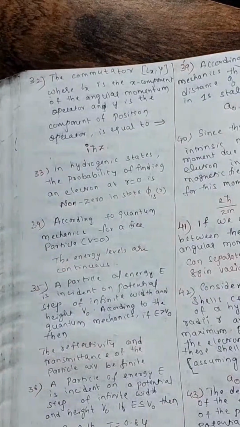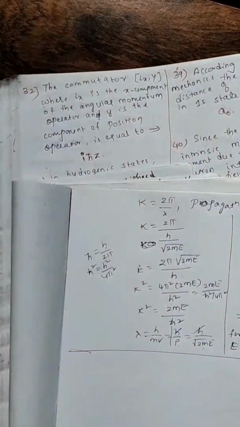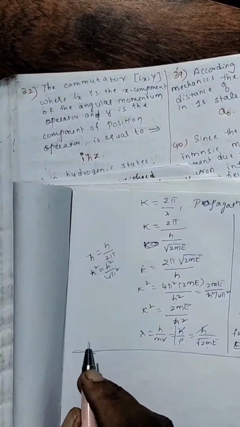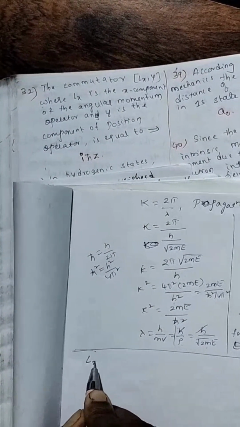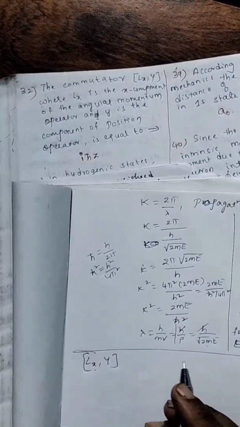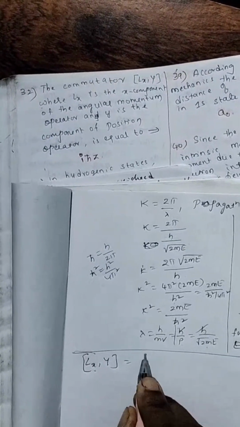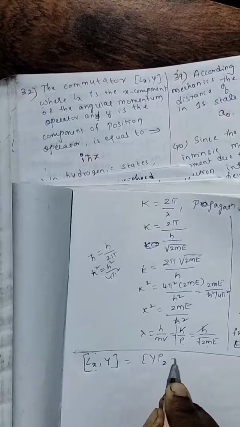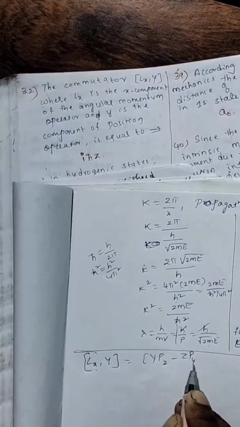Then the value of this, let us do. So Lx comma y. The formula for this is y pz minus z py, comma y.